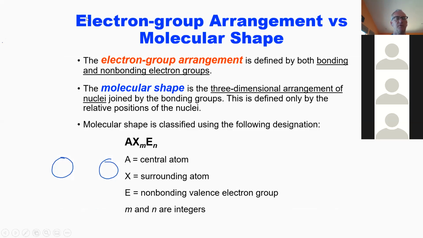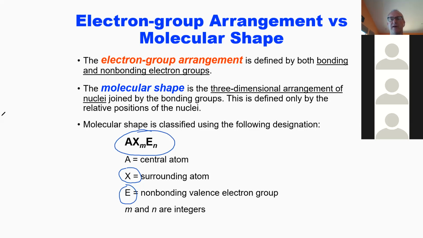And to remember these things, we had this general rule: AXE, where A was the central atom, X is how many surrounding atoms it has around it, how many it's bonded to, and then E was the number of lone pairs that it had.